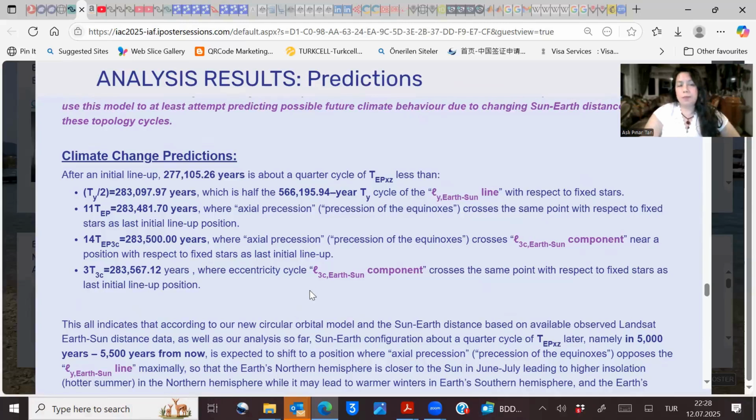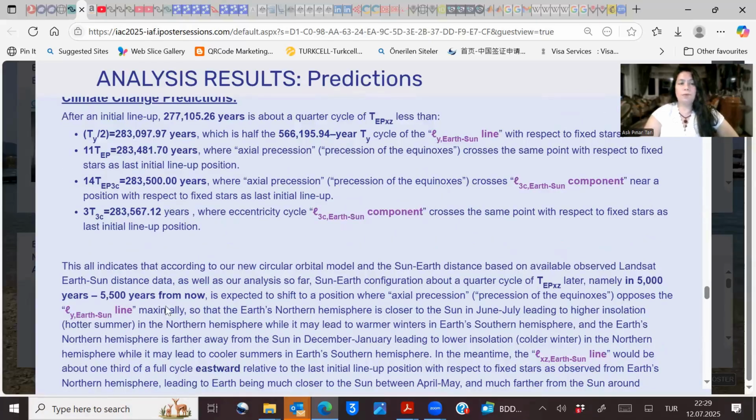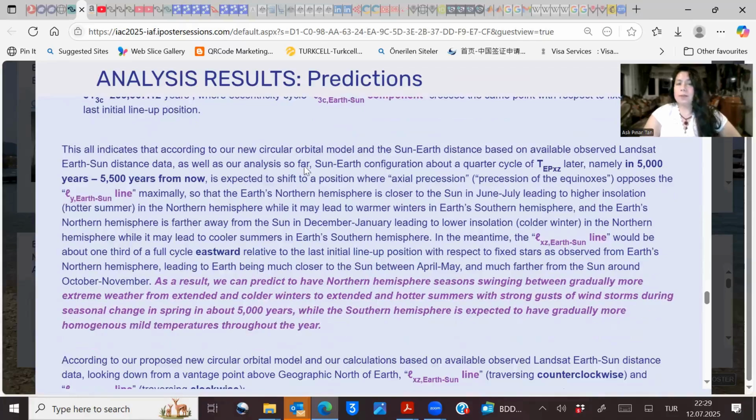Also, looking at the future, if we wish to predict how climate will be changing in the next thousands of years, at about 5,000 to 5,500 years from now, we expect the Sun-Earth configuration to shift to a position where axial precession line opposes the LY line maximally, so that the Earth's northern hemisphere will be closer to the Sun around June, July, leading to higher insolation or hotter summer in the northern hemisphere, while it may lead to warmer winters in Earth's southern hemisphere, and the Earth's northern hemisphere is farther away from the Sun in December, January, leading to lower insolation and colder winter in the northern hemisphere, while it may lead to cooler summers in the Earth's southern hemisphere.